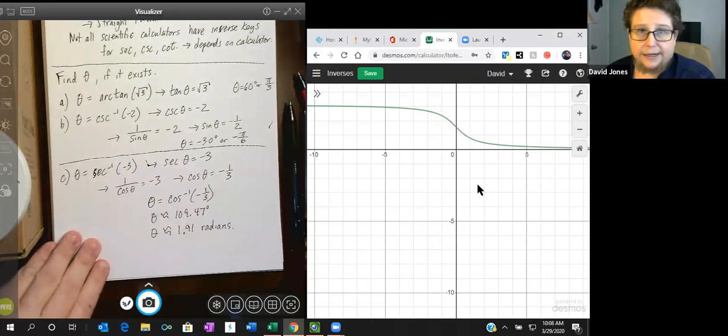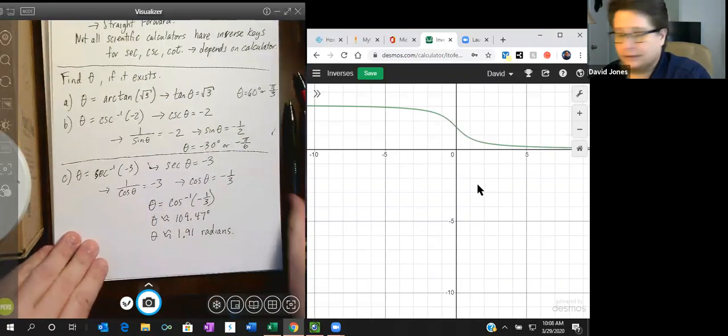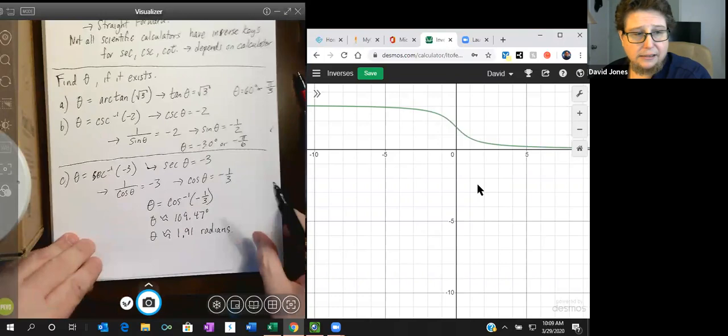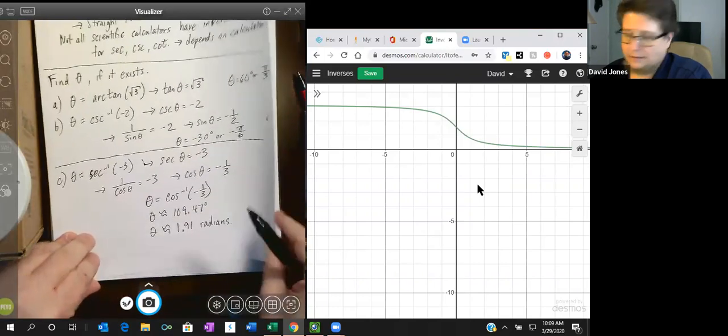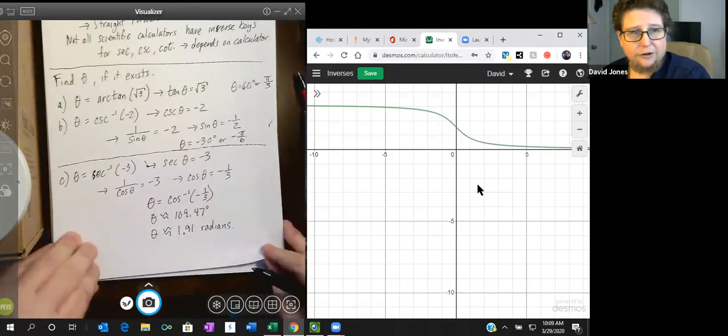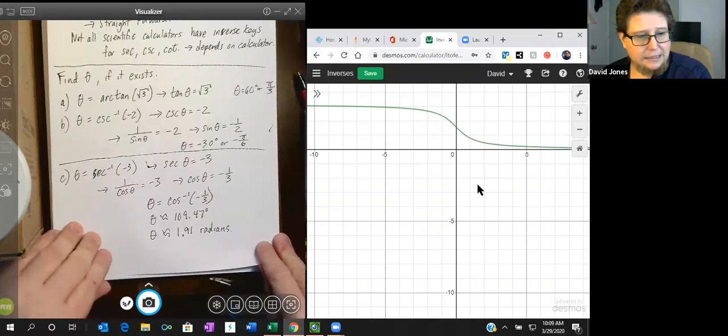Cotangent is a little trickier on a calculator. So hopefully you hit pause and write this stuff down.